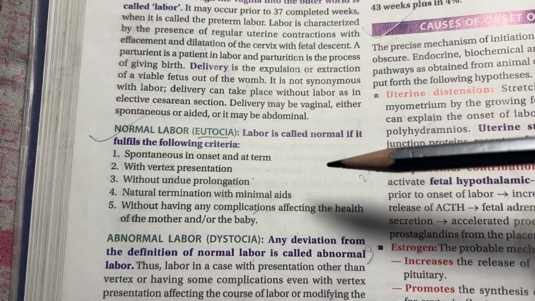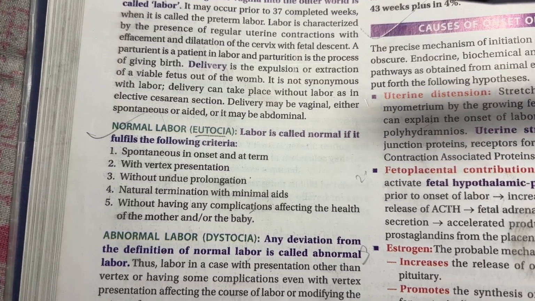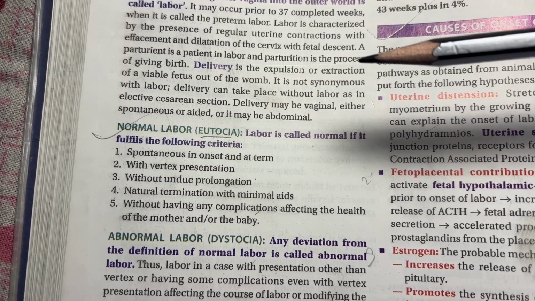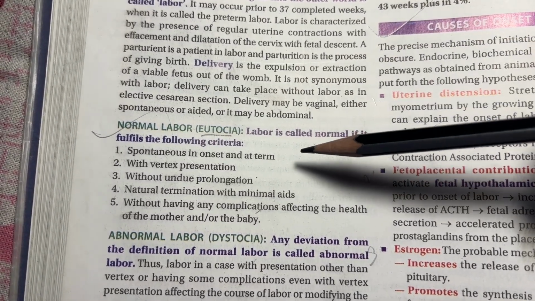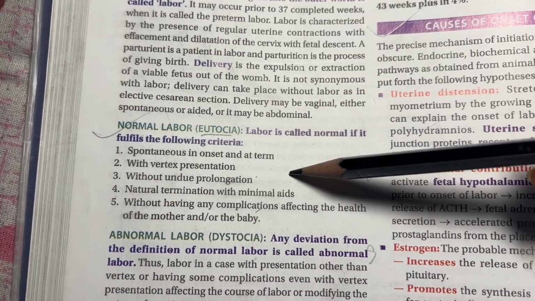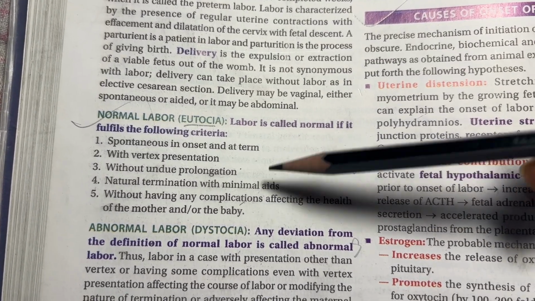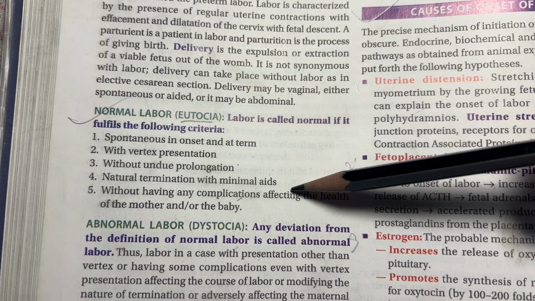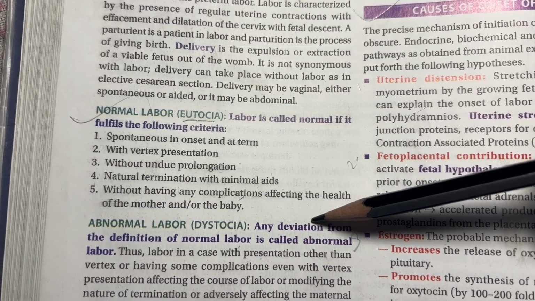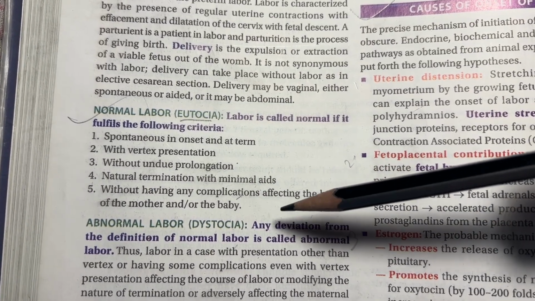So these are the criteria for normal labor. What are they? Number one is spontaneous in onset and at term, with vertex presentation, without undue prolongation, natural termination with minimal aids, without having any complications affecting the health of the mother and or the baby.